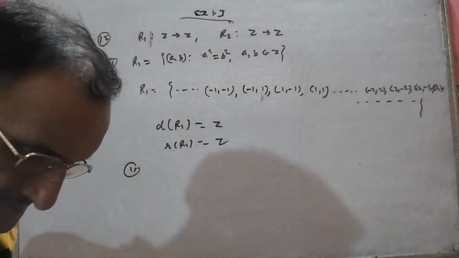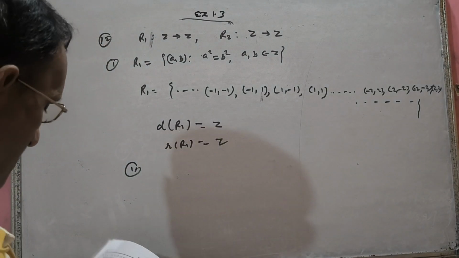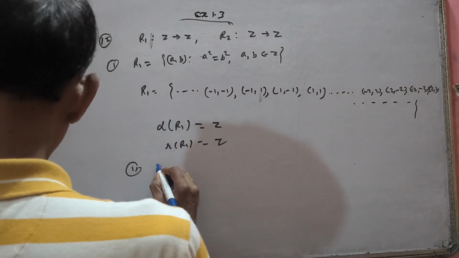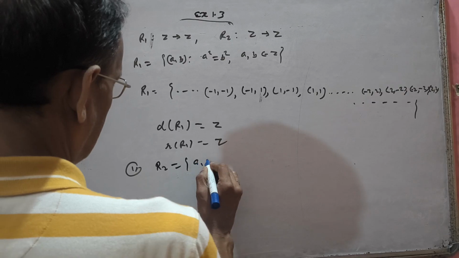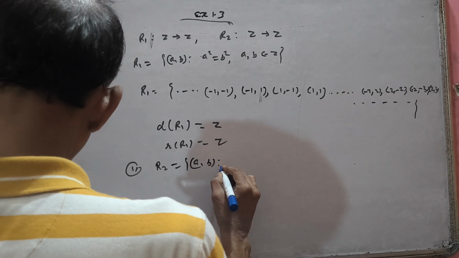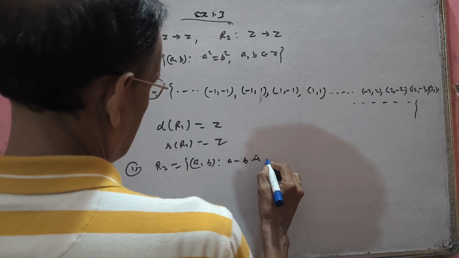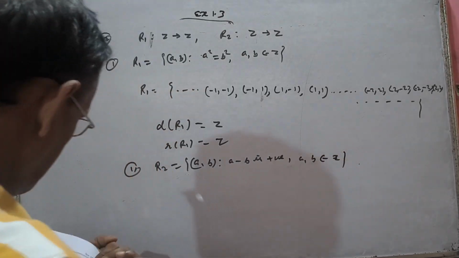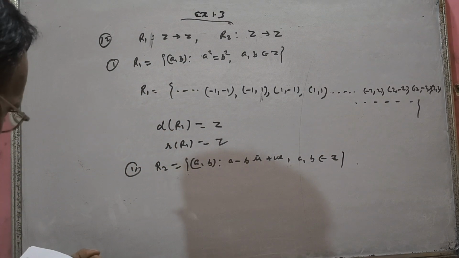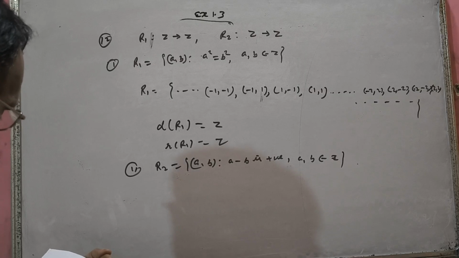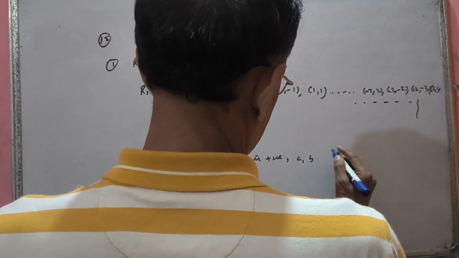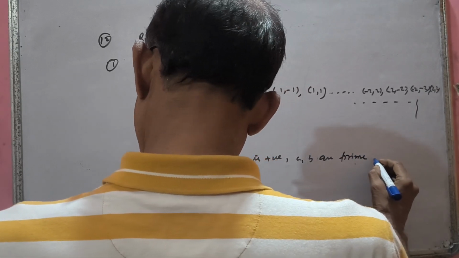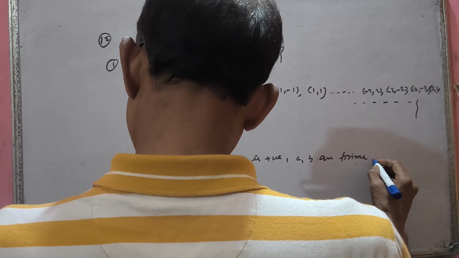Number 2 is saying R2 is equal to order pairs (A, B) such that A minus B is positive, where A and B are prime and both are smaller than 10.